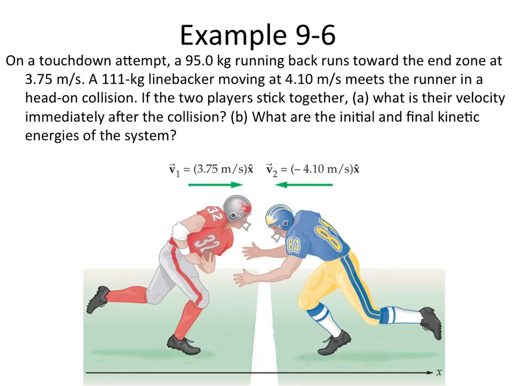So a running back, the guy in red, he's got the football. A 95-kilogram running back. Let me just write that over here. Mass of RB, because there's going to be another football player with a different mass, is 95.0 kilograms.